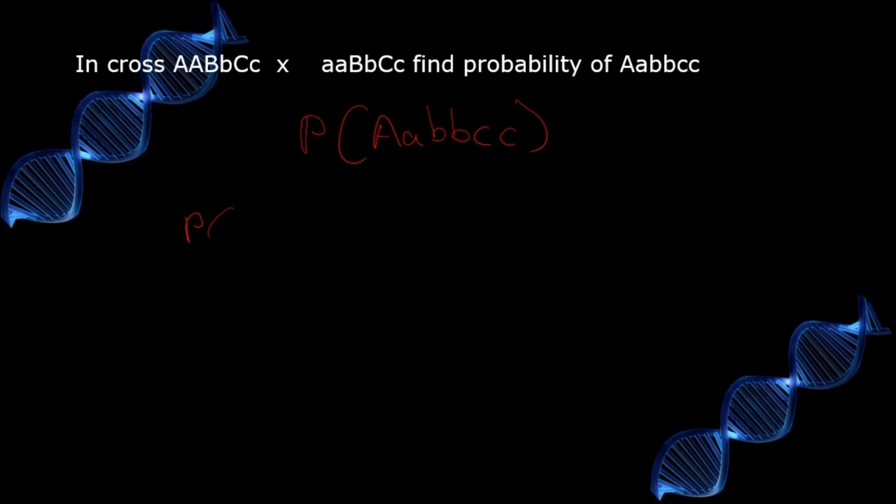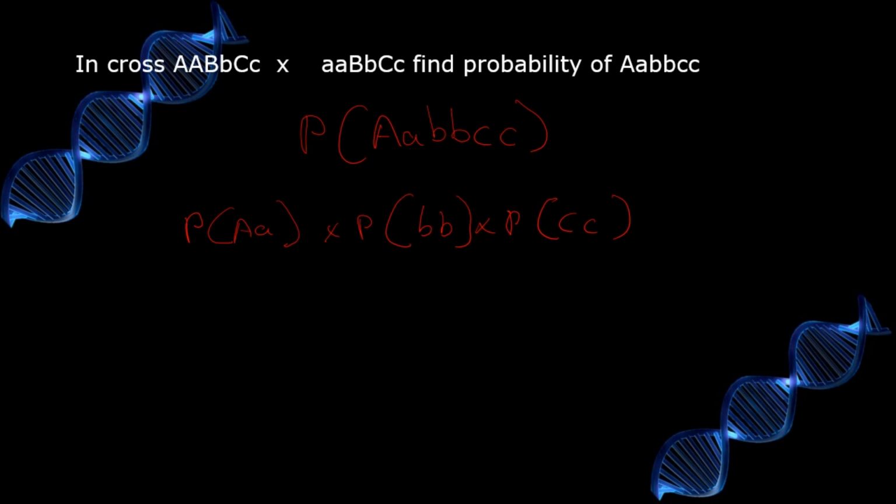Probability of getting capital A and small a, multiplied by probability of getting small b, multiplied by probability of getting small c. Here we will get capital A only from this individual, and not from this individual.